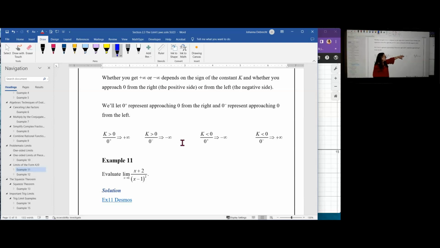If the constant is negative, we again combine the signs. A negative constant, but approaching 0 from the right is going to give us negative infinity. And a negative constant approaching 0 from the left is going to give us positive infinity.